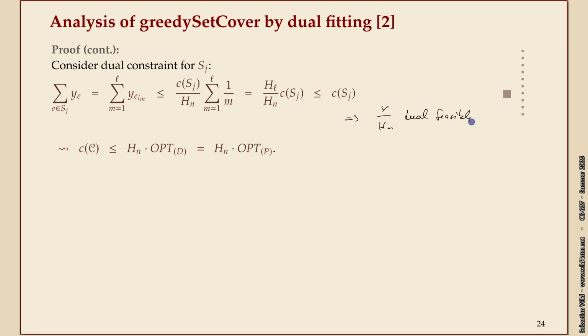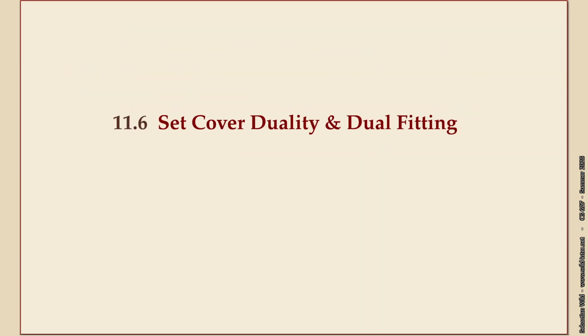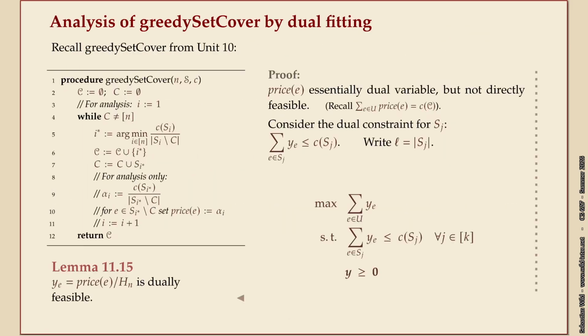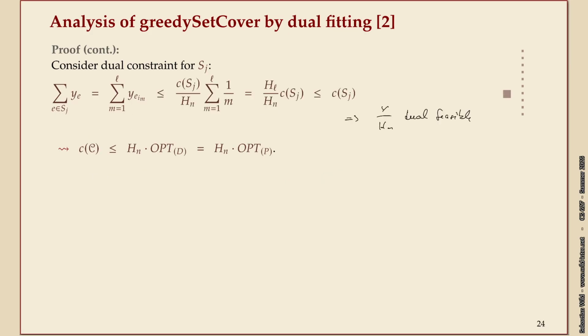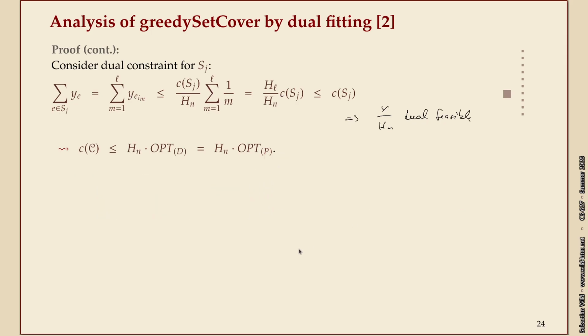And then with the chain of arguments at the beginning, the dual fitting in general, copying is so much fun and it doesn't cost. You derive this part. So we're using that chain of argument and our delta is Hn, so we get an Hn approximation.